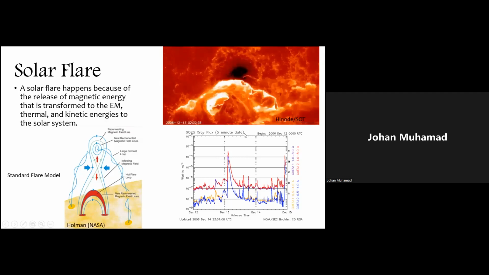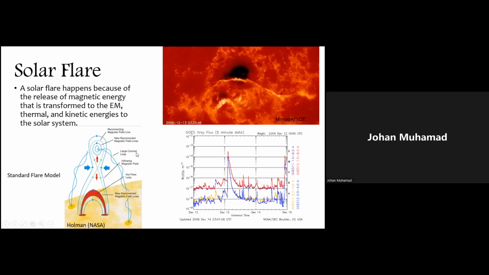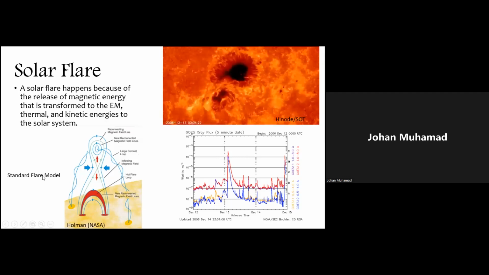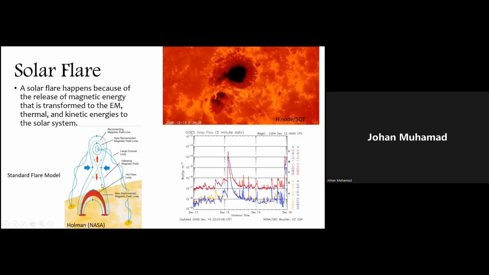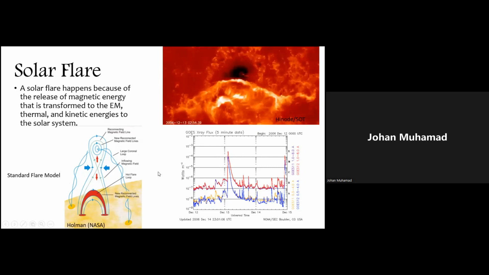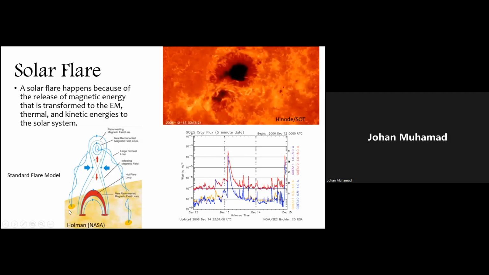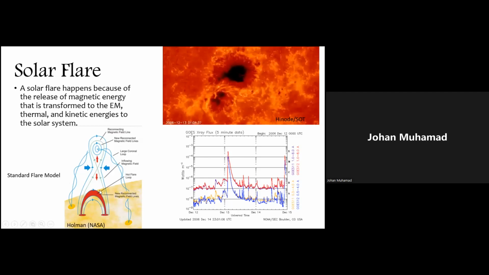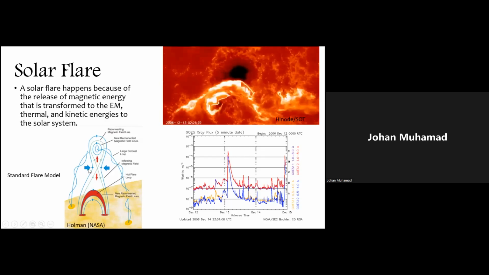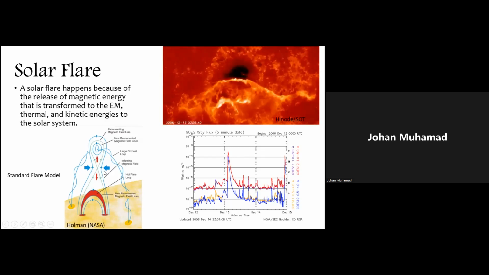with the Hinode SOT telescope. So people then try to model the flare, and this is the standard flare model, which people believe happens when a flare occurs in the sun. So actually, there's a magnetic loop like this, but then suddenly something happens that makes magnetic reconnection occur.